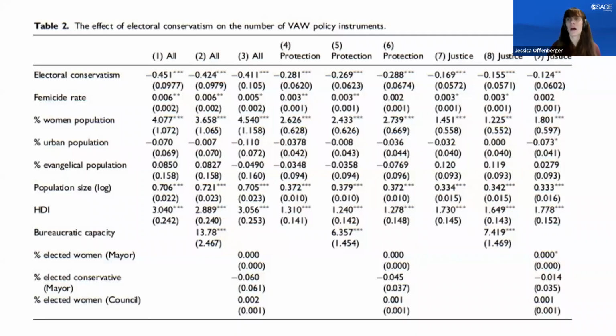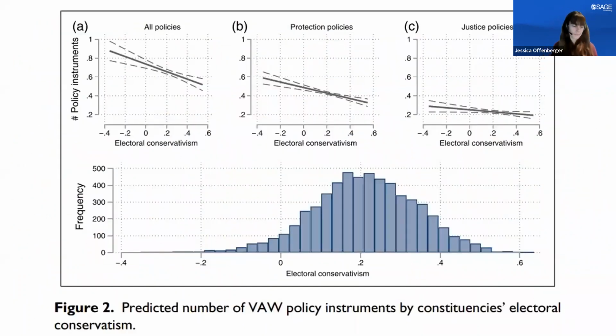But a table, a heat map, an equation should be able to stand on its own so you can understand what you're looking at. This is a nice display of predictive values with confidence intervals. So another great example here for your review.